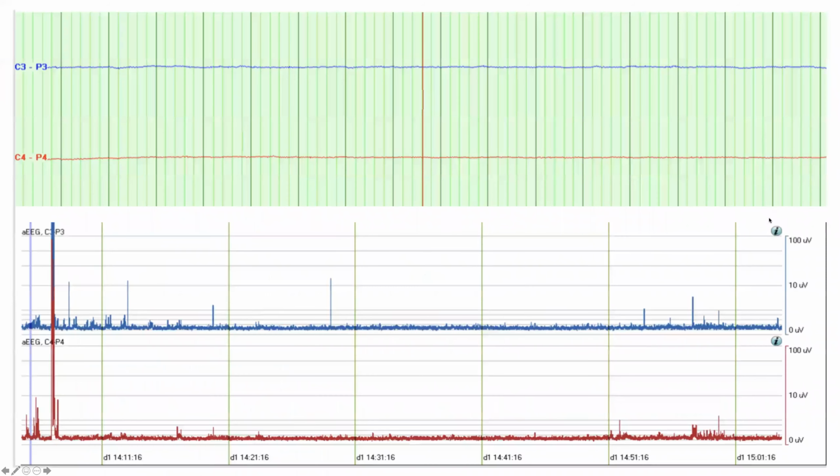So this is his aEEG trace. This is case number 2 in the poll.